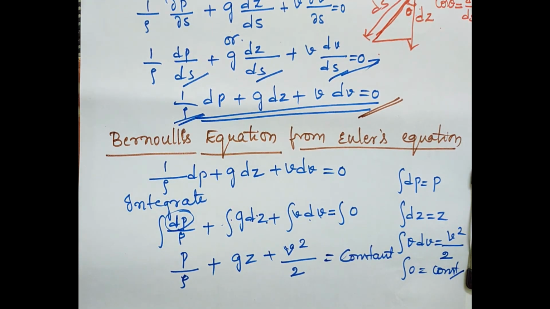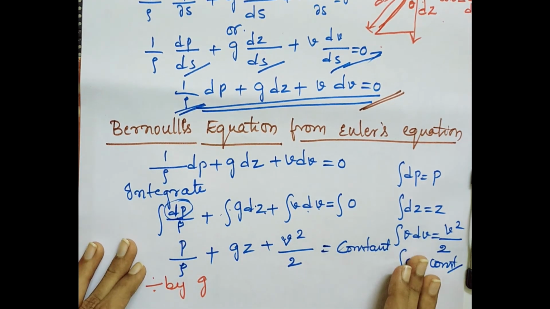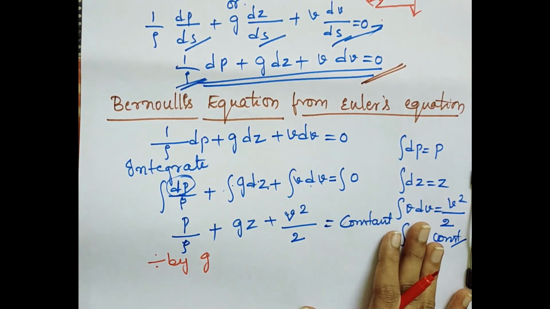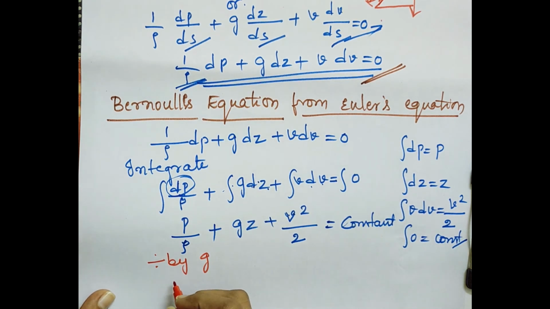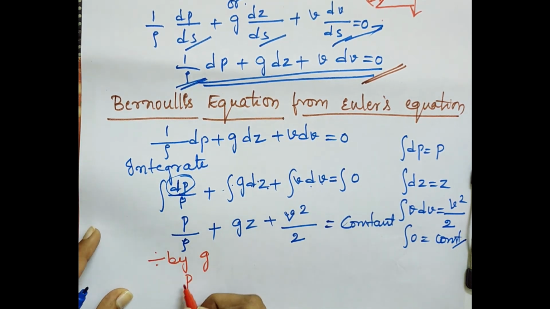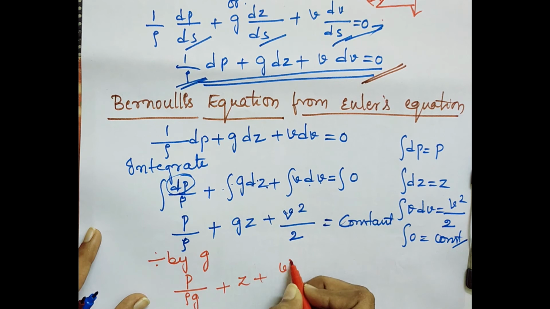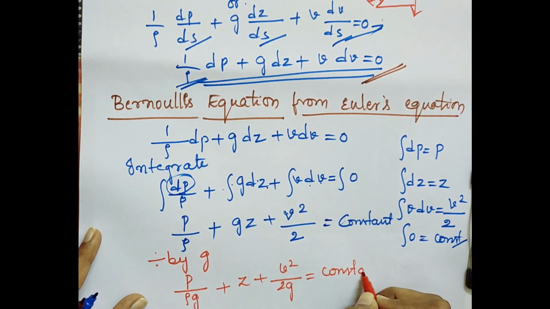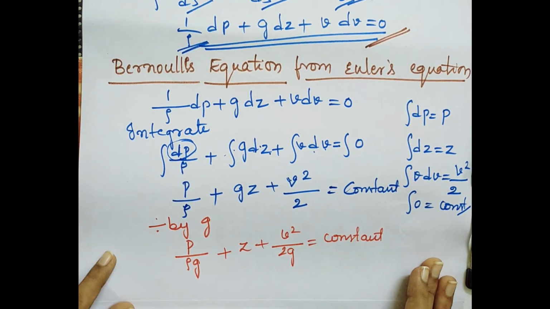For this equation, if you divide it by g, you will get p by rho g plus z plus v square divided by 2g is equal to constant. If you divide the constant term by anything, it will be constant itself.